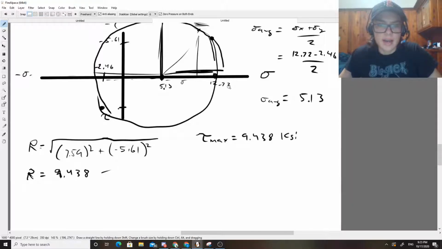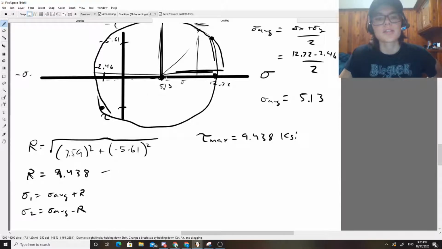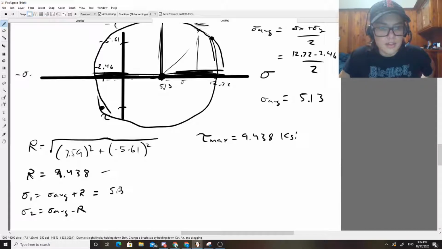And if we want to find our principal stresses, all we have to do is we say stress 1 is going to be equal to the stress average plus R, and stress 2 is going to be equal to the stress average minus R. And that makes sense too, because we're starting at the center of the circle, right? That's stress average. Plus R is going to be the furthest point towards our stress sigma, and minus R is going to be the furthest point on the opposite side. And so that's going to be equal to 5.13 plus 9.438, or 5.13 minus 9.438.